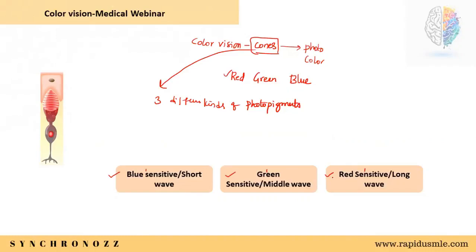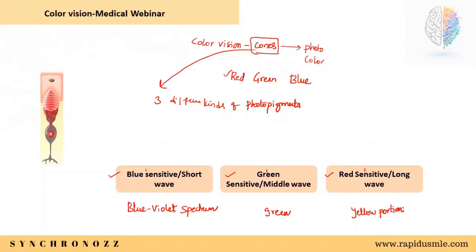What is the difference? The blue sensitive or short wave pigment absorbs light maximally in the blue violet spectrum. When it comes to green sensitive, it is the green portion, and when it comes to red, it is the yellow portion.